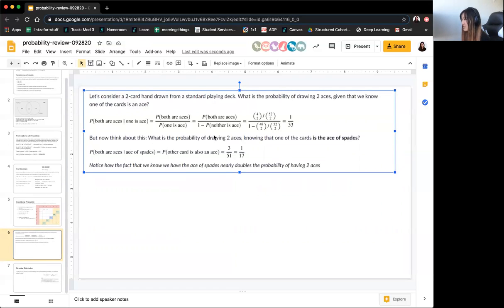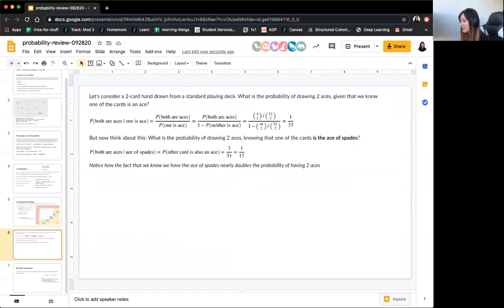What is the probability of drawing 2 aces, knowing that one of the cards is the ace of spades? So I like to think about conditional probability, as I've mentioned, as like a subsetting of your sample space. So here, your sample space is a situation where you have already gotten the ace of spades. What is the probability of just getting one more ace?